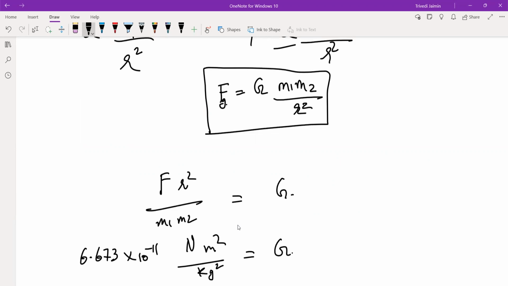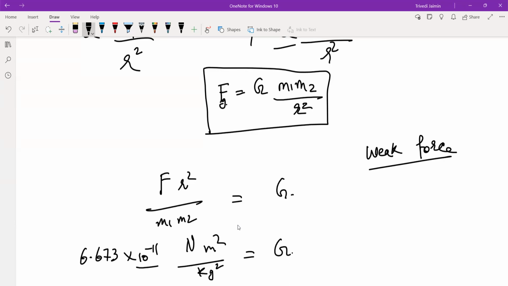If you observe, this is 10 to the power minus 11, which means it's the smallest force. Gravitation is the weakest force. That's why it comes under weak force.